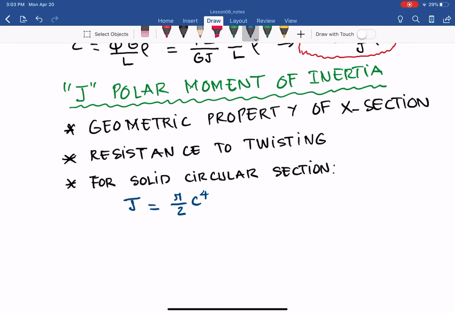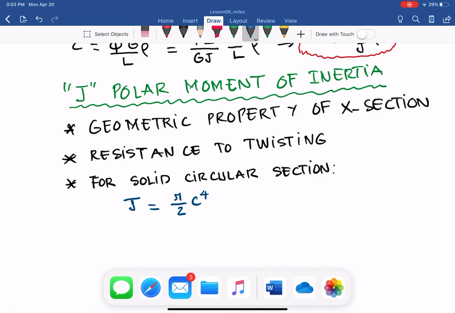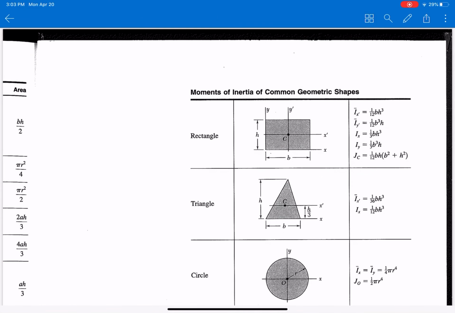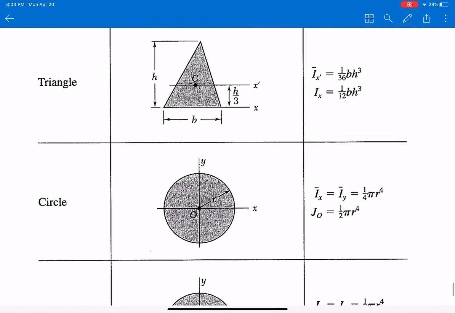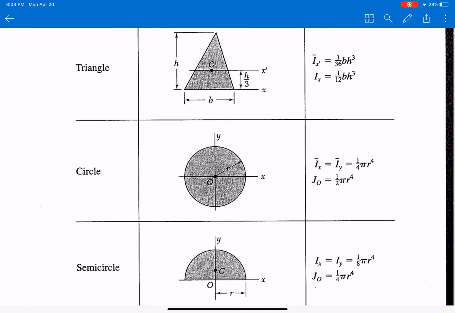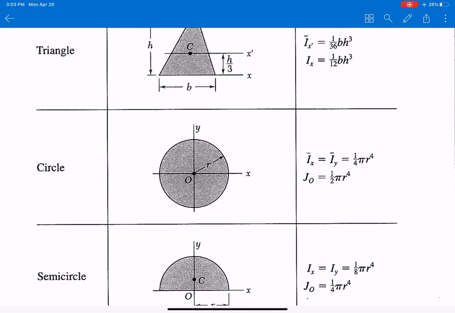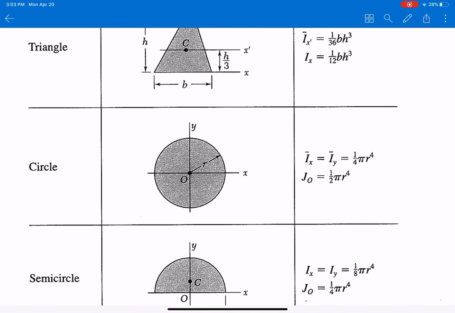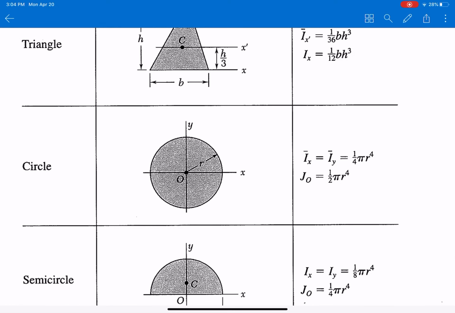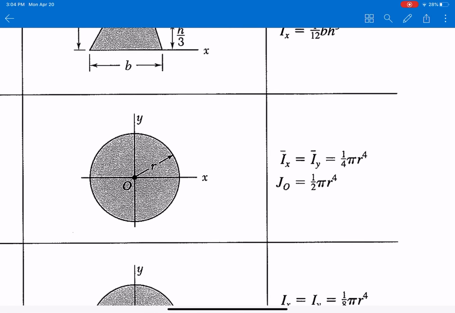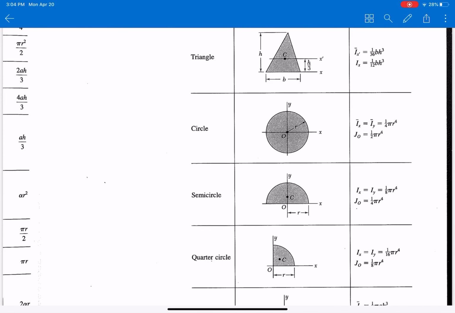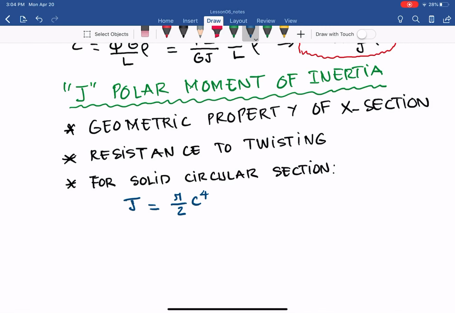Why do we have that? If you forget, go back to the moment of inertia for common geometrical shapes. For the circle, we have Ix, Iy, which are the area moments of inertia, and J about the point O, which is 1/2 pi R^4. That is the polar moment of inertia for the cross section. So going back here, we have c^4.